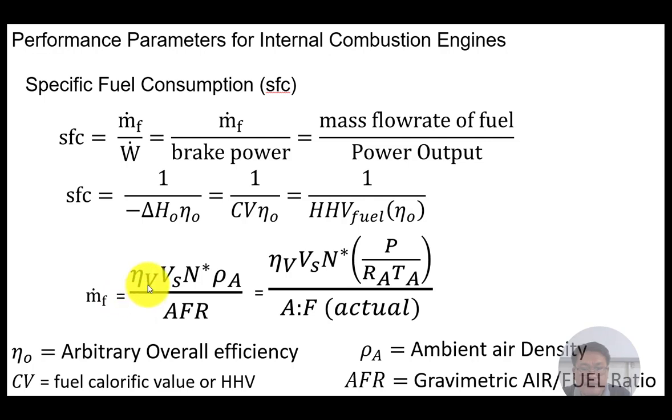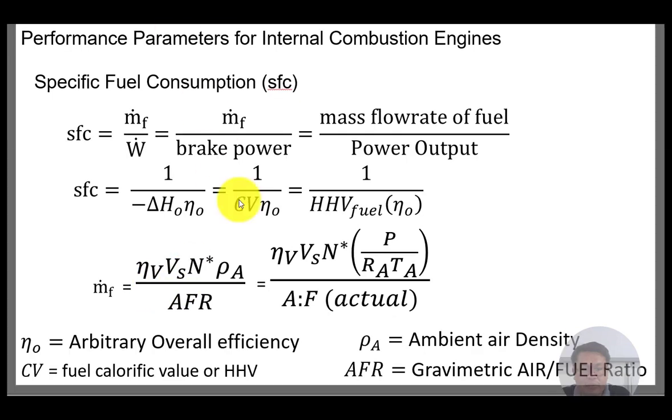Now our mass flow rate of your fuel is equal to the volumetric efficiency times Vs, the volume swept by the piston. Then N will be your RPM, and we have your density of air divided by AFR, the apparent air fuel ratio.